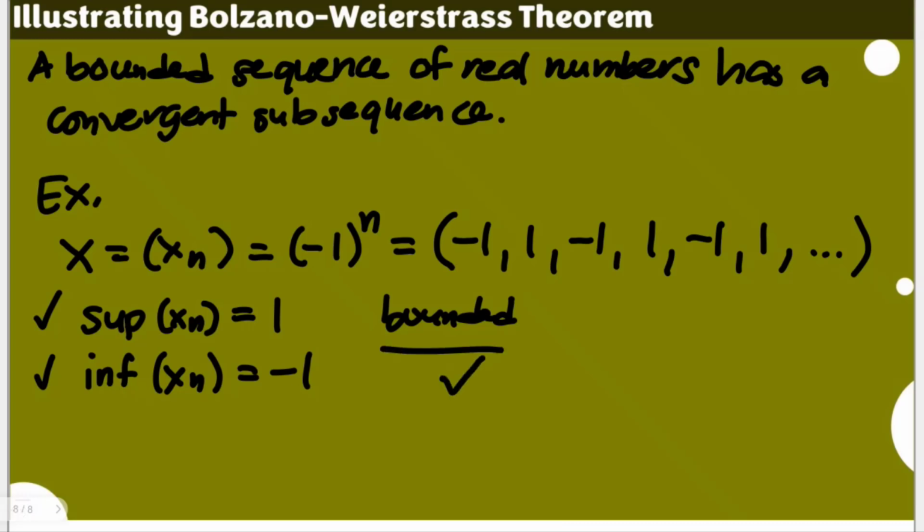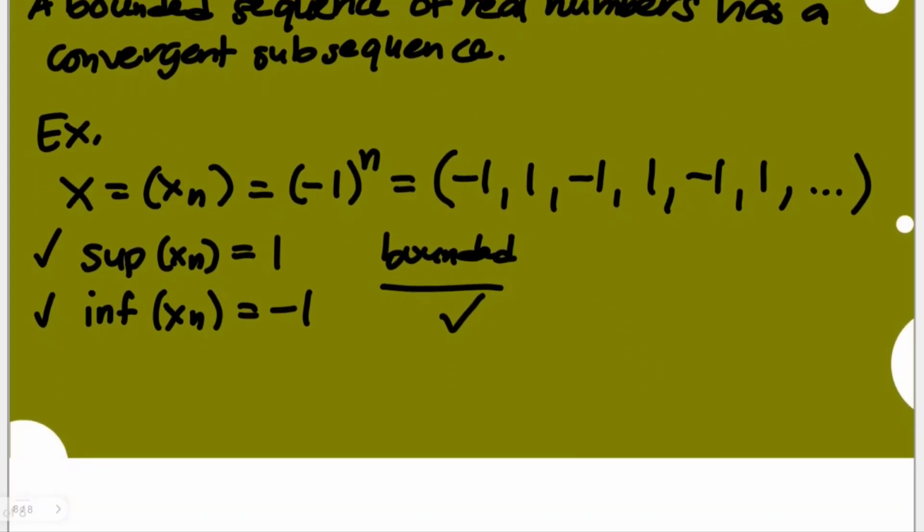And since we have guaranteed the first part of our theorem, that it is a bounded sequence of real numbers, we can identify a convergent subsequence. Not just any subsequence, a convergent subsequence. Let me come up with the first subsequence.